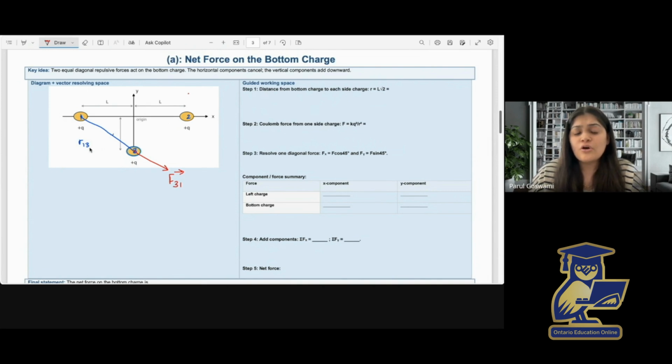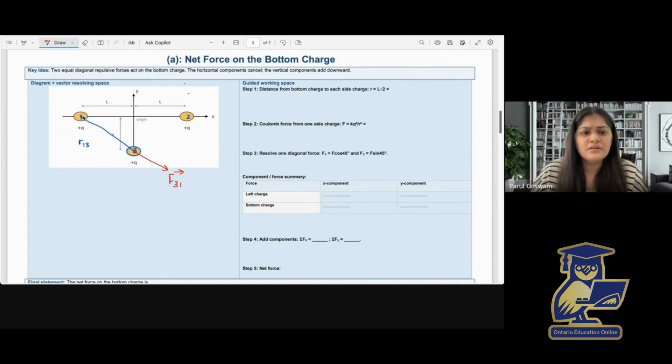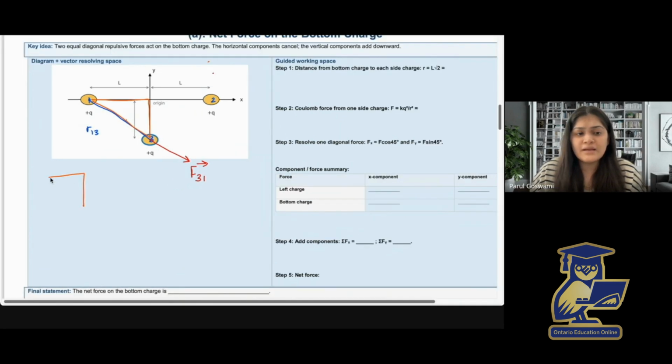In order to calculate this distance, we can use basic trigonometry. I can highlight this triangle here. The triangle formed is a right angle triangle. I will draw this triangle here. Here charge 1 was present, here is charge 3, here is the origin.